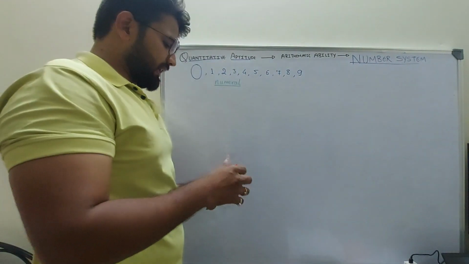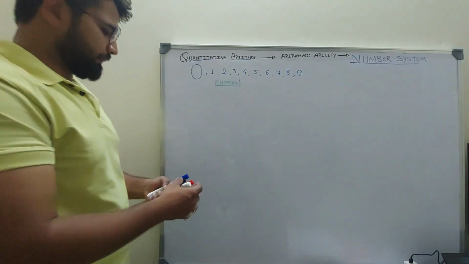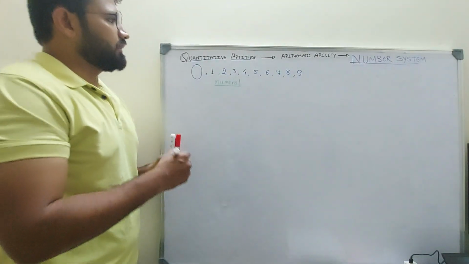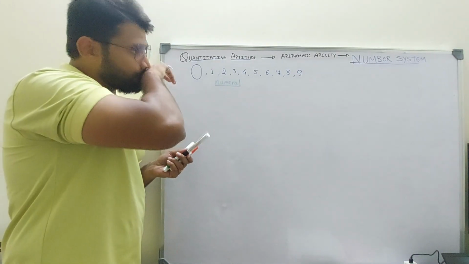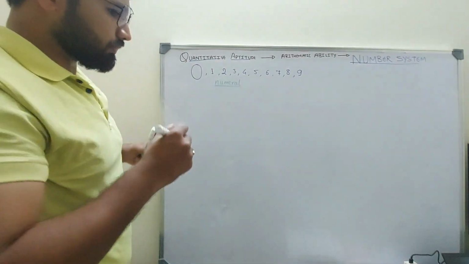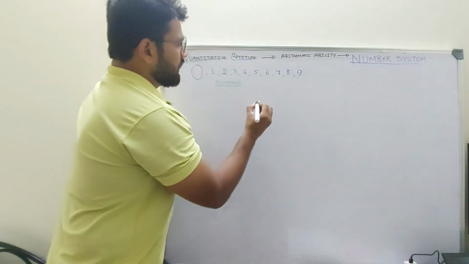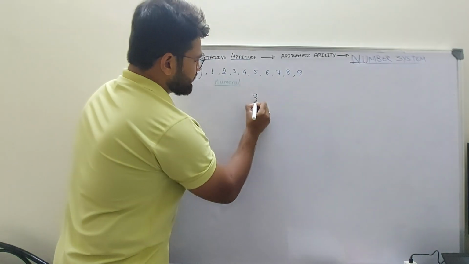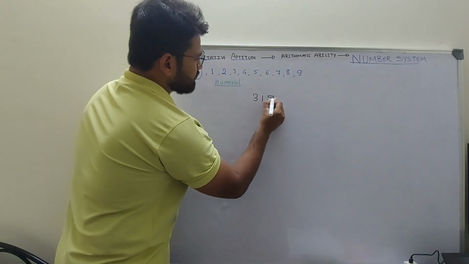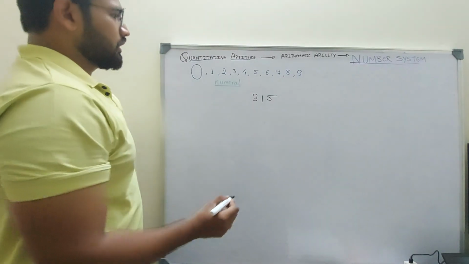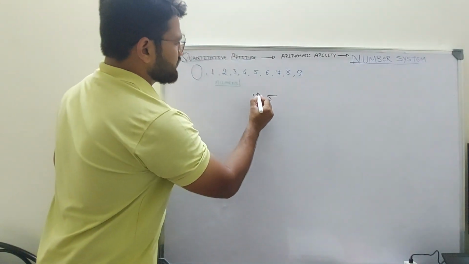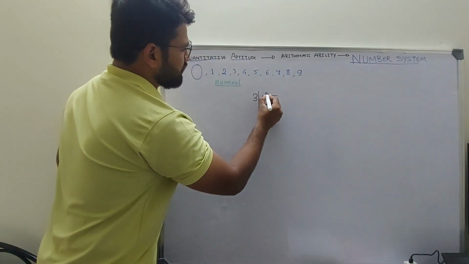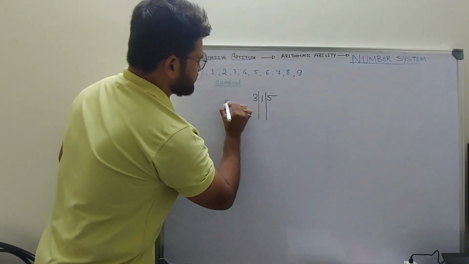So what is a place value chart? First of all, we will see that. To denote a number, we will use a place value chart. Let's see, for example, you have a number 315. What are the places of these digits?